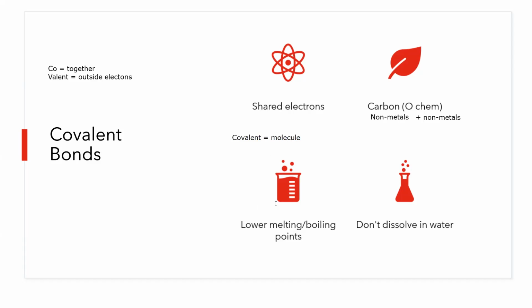tend to have lower melting or boiling points than metallic or ionic compounds do. That sounds weird at first, but my coffee, what little is left, is made of covalent bonds mostly. It's liquid right now, so it's already melted.